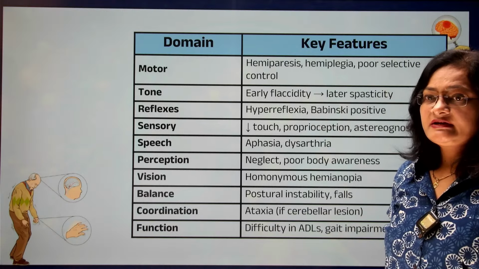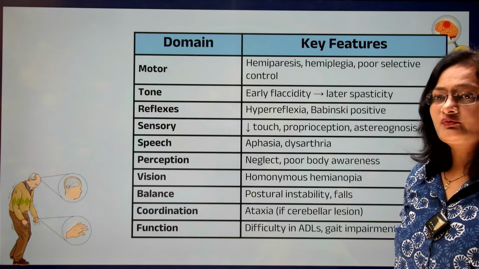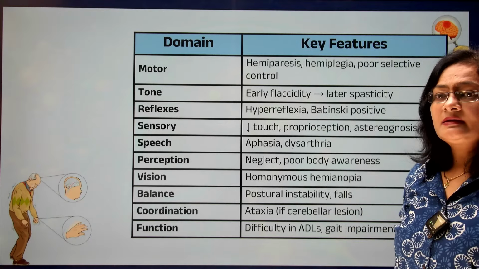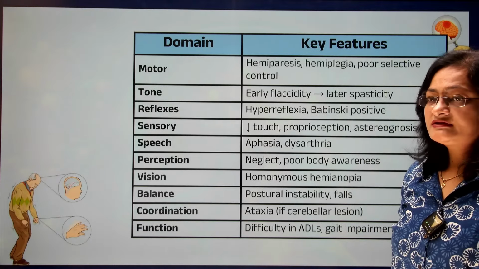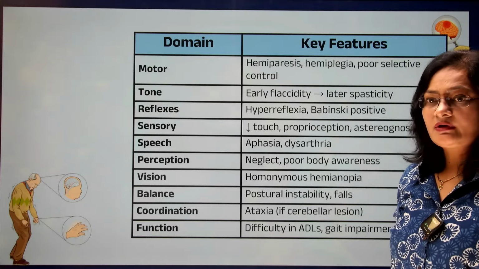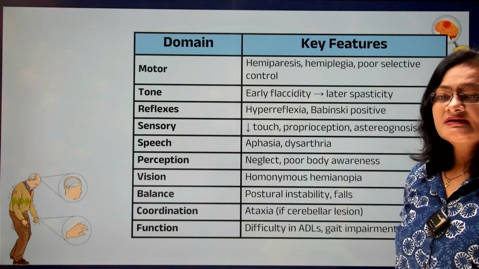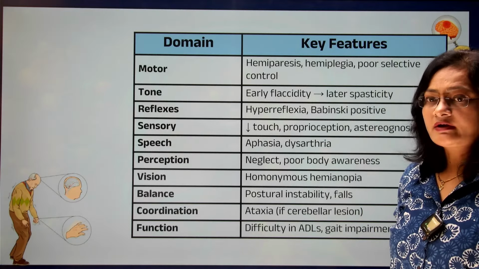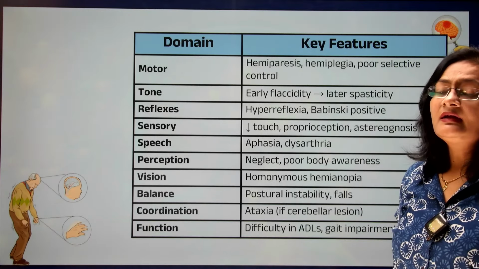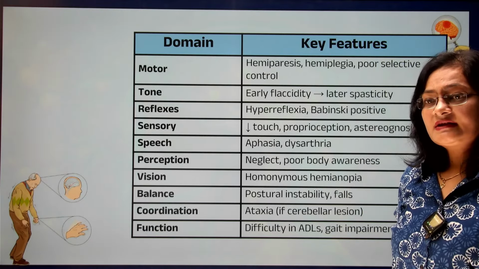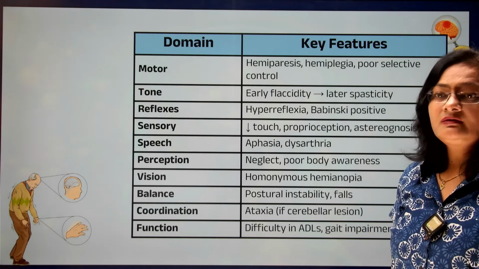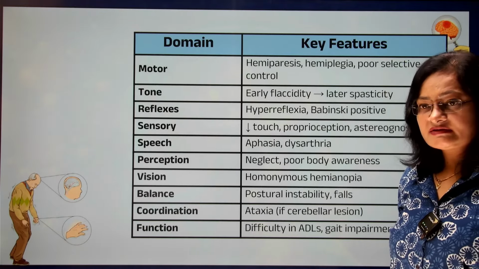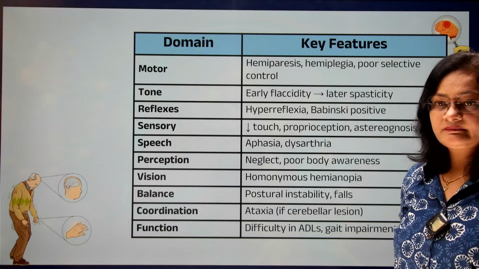Sensory symptoms include affection of superficial sensation, deep sensation or proprioception, and sometimes, if the parietal lobe is affected, perceptual problems. Speech: whenever there is affection of the cortex, it will always result in aphasia. Aphasia is a language disorder, while dysarthria is a speech disorder; this we will discuss in upcoming slides.